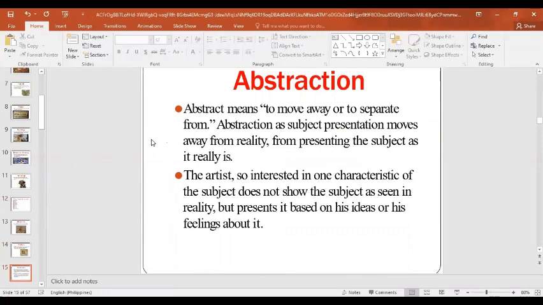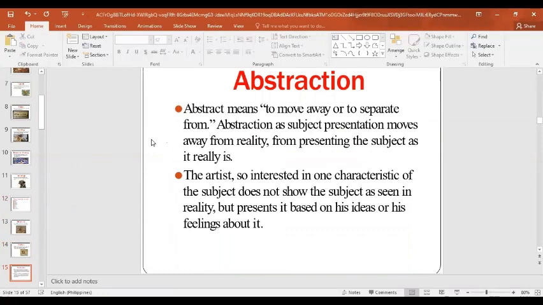So to make it short, when we talk about abstraction, naka-base pa rin naman siya sa real world, pero hindi na siya nagre-represent ng katotohanan na pwede nating makita in an actual real world. Pero connected pa rin siya sa tinatawag nating real world. Pero wala na siyang object masyado. Okay?